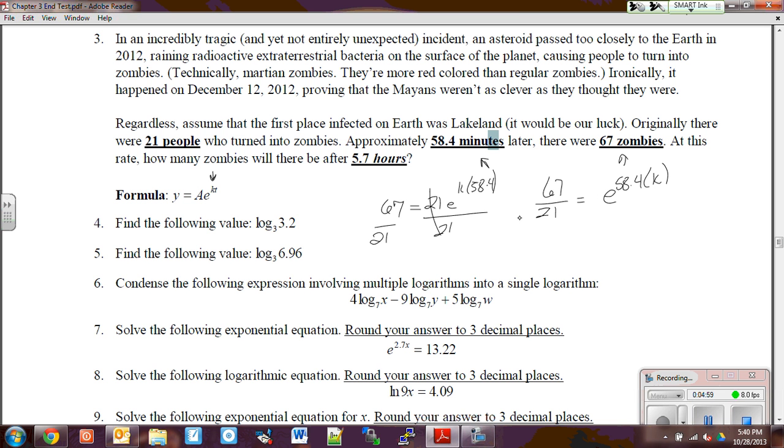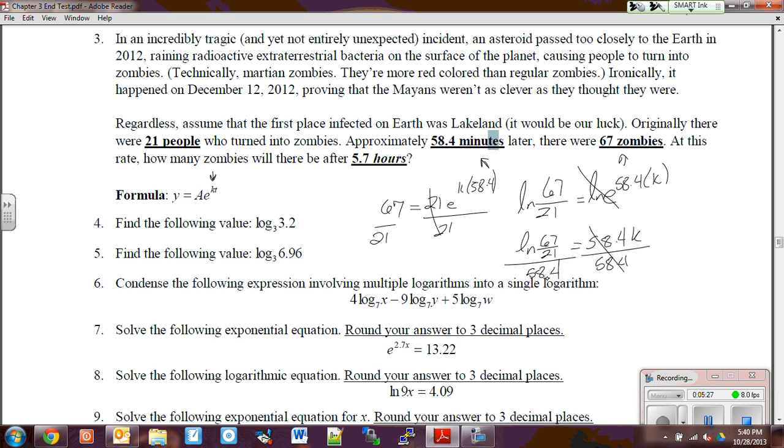Now to get rid of the e, take the natural log of both sides. That cancels that out. So you have the natural log of 67 over 21 equals 58.4k. Divide both sides by 58.4. So k equals the natural log of 67 over 21 divided by 58.4.